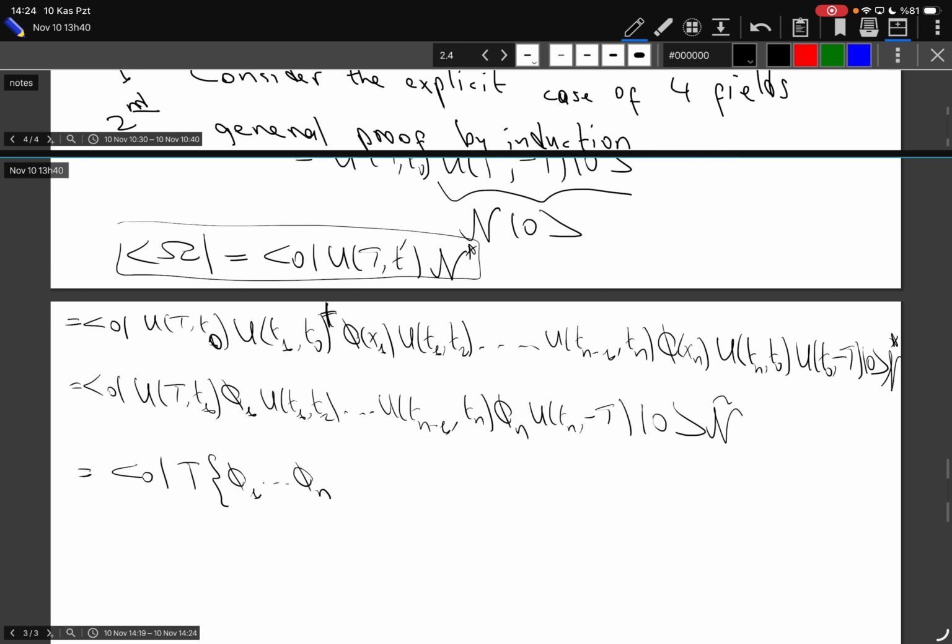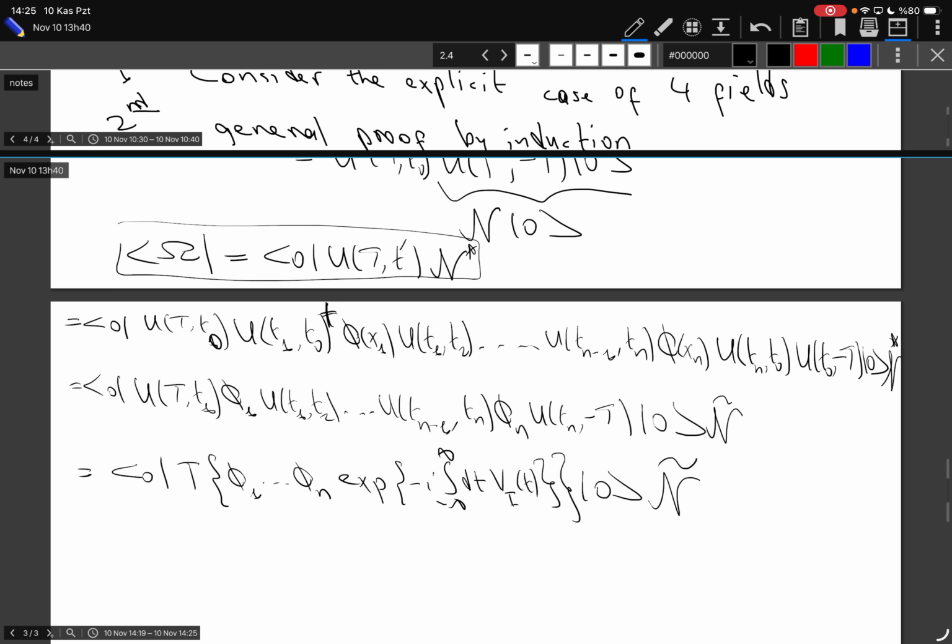But that means I'm just multiplying all these u's together, and that will just give me u from the evolution from minus T to plus T, which is nothing but the exponent of minus i, let me just take T to infinity, integral dt V_I of t. This is the matrix element I'm looking for.